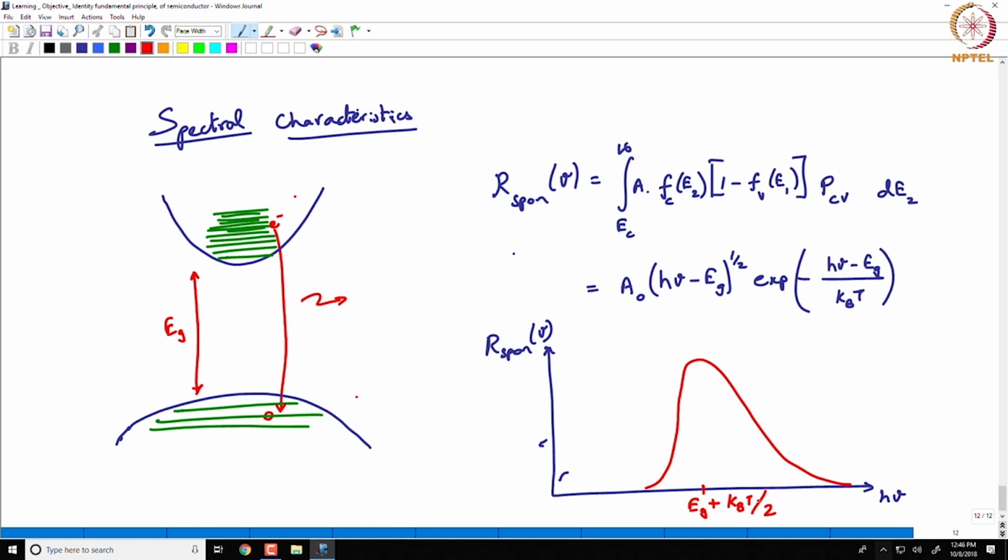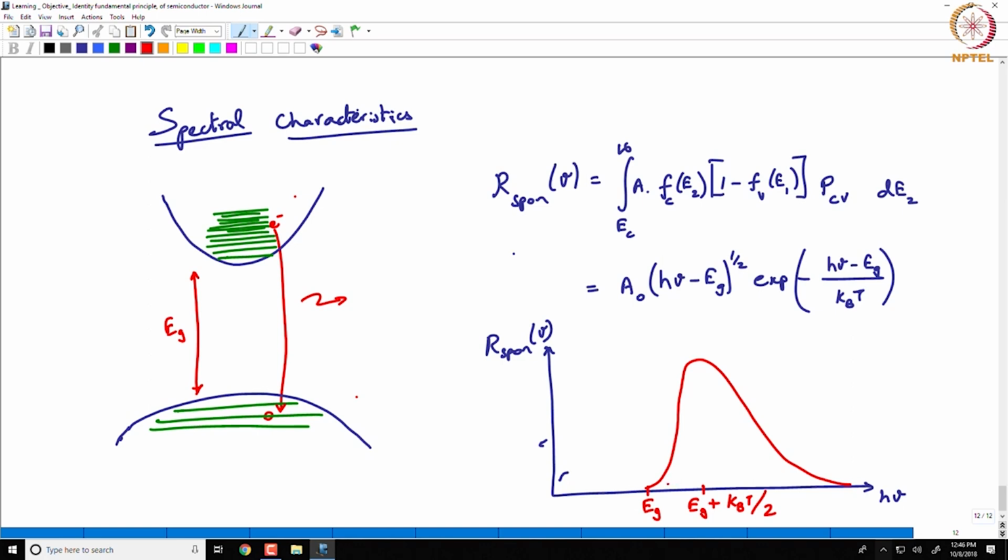So, it is just beyond the band edge that you are going to have the maximum. So, this emission cannot be less than Eg, and it will peak at a value corresponding to Eg plus kBT over 2.